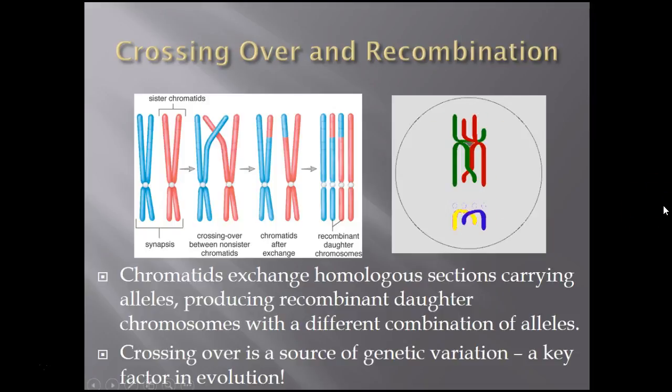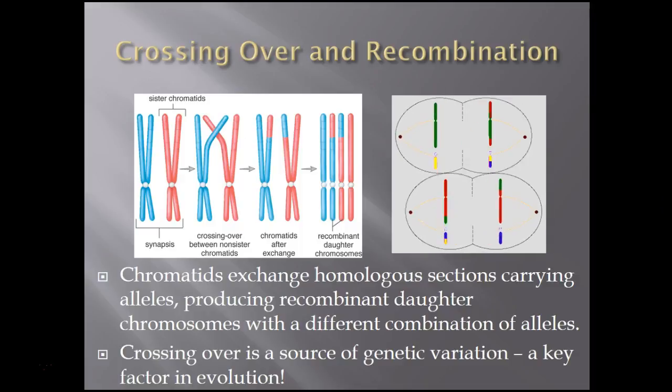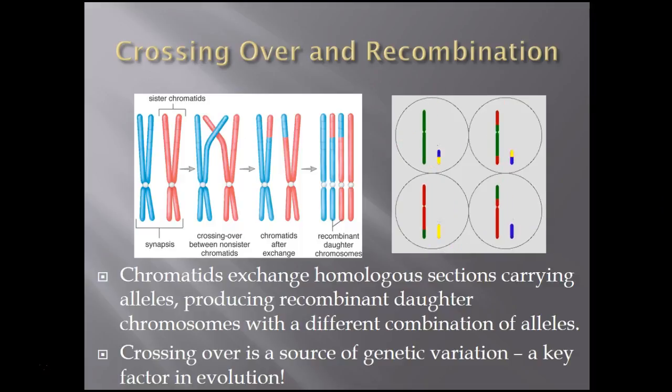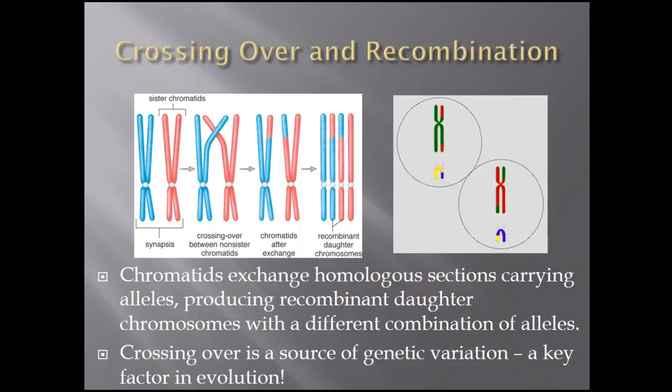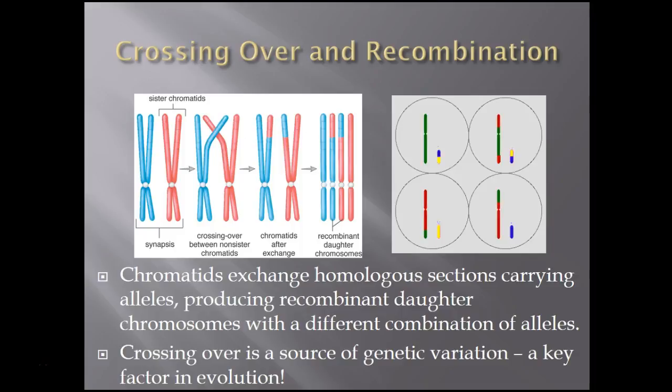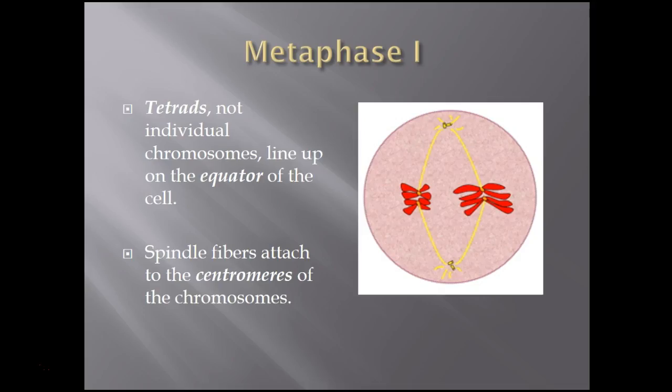So the sister chromatids will exchange homologous sections carrying alleles, and that produces recombinant daughter chromosomes with different combinations of alleles. So this genetic variation is one of the major sources of genetic variation, and that's a key factor in evolution, which you'll learn about very shortly.